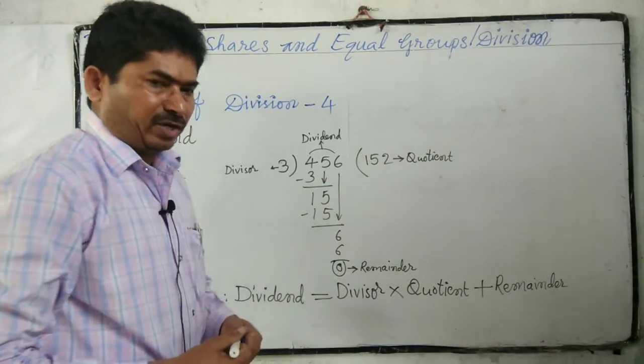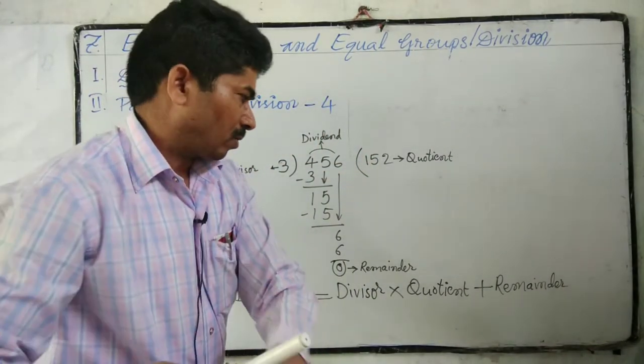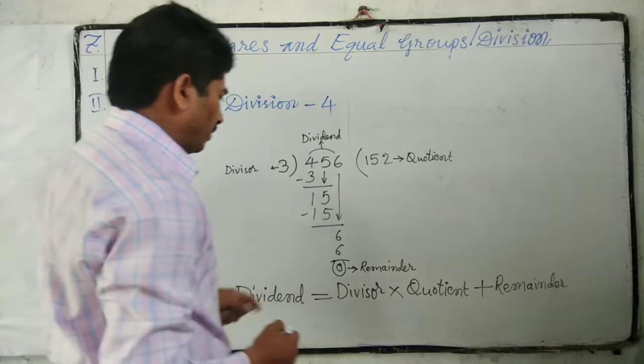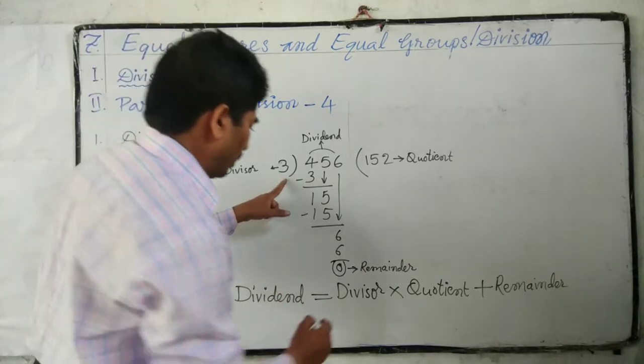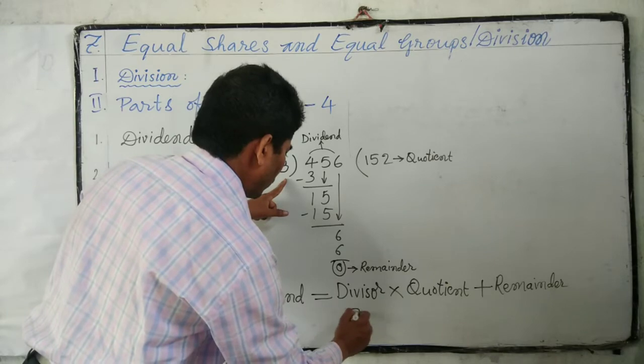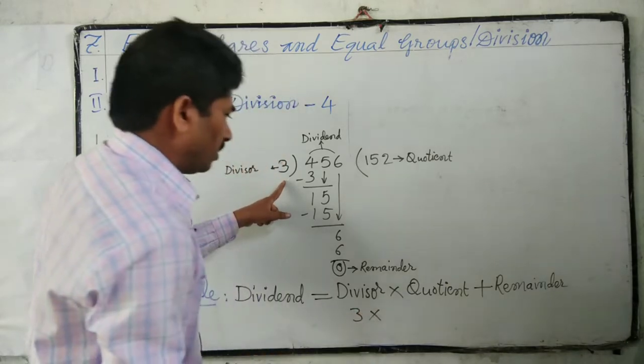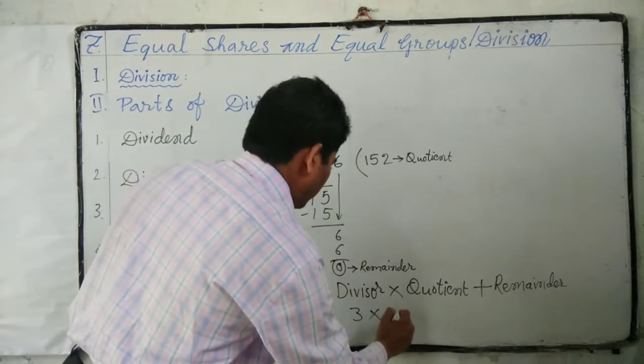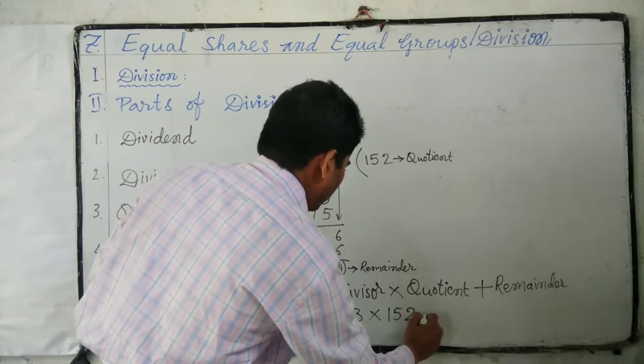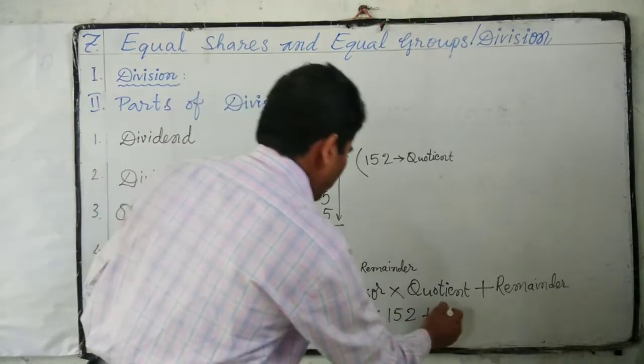So now we can check this problem. Here divisor 3, quotient 152, remainder 0.